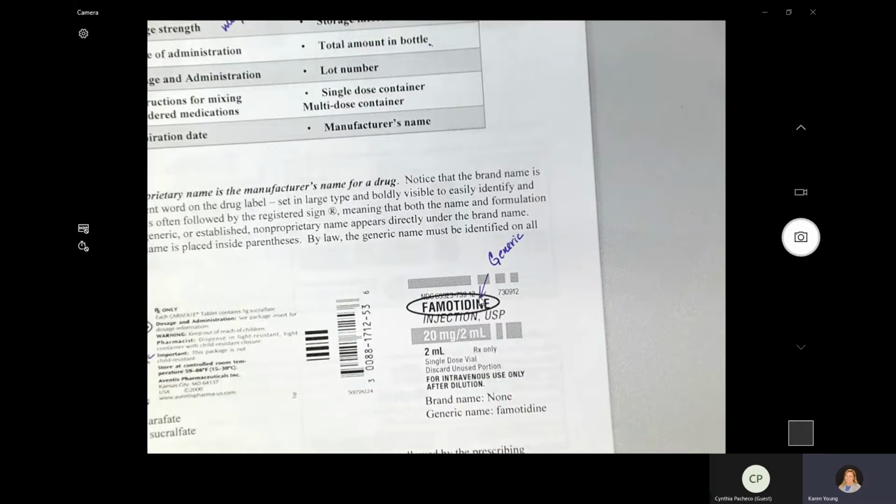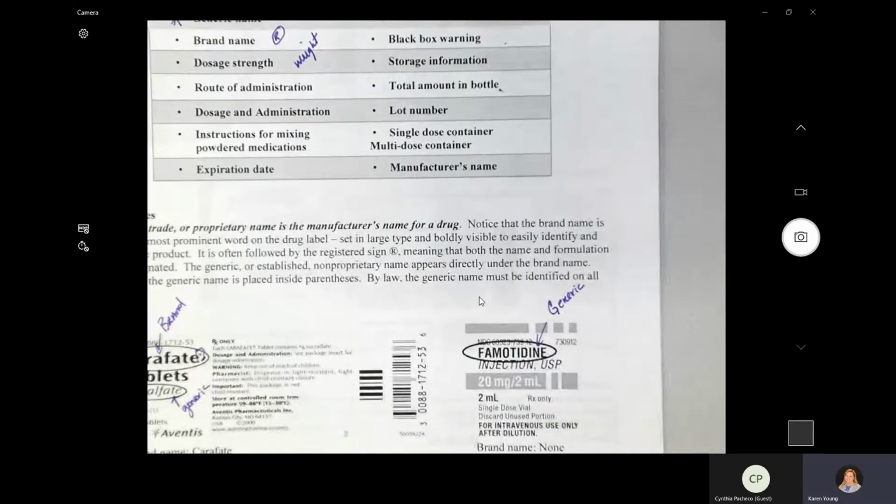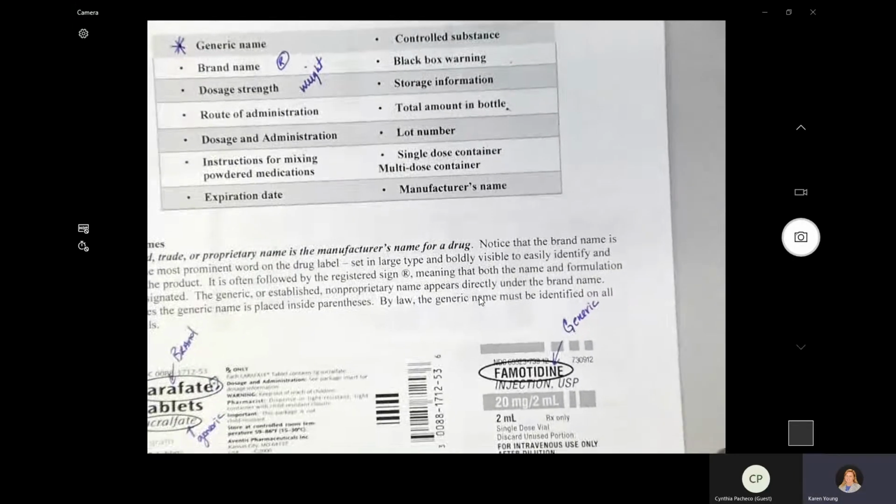As a nurse, you need to carefully cross-check all your medications. The doctor may have ordered Carafate, but what you may get from the pharmacy is the generic form. And that's okay as long as you know that that's the generic for that medication. I don't have enough room today for everything.